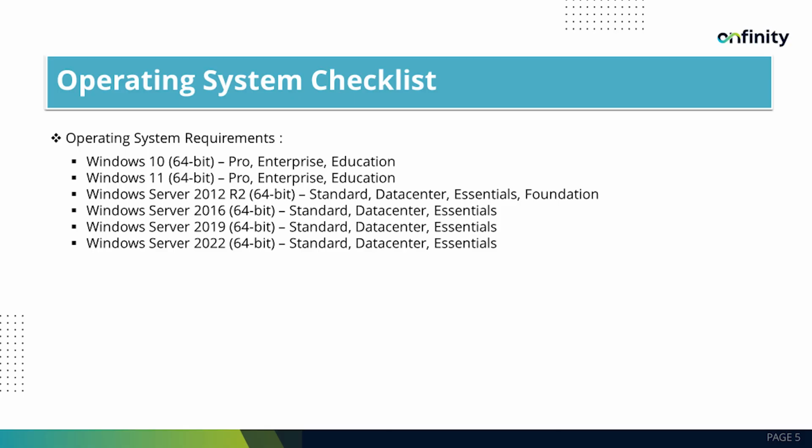the application. Onfinity application is supported on 64-bit versions of Windows 10 and Windows 11, as well as Windows Server 2012 R2, 2016, 2019, and 2022 editions. Ensure that you have administrative privileges on the system before proceeding with the installation.